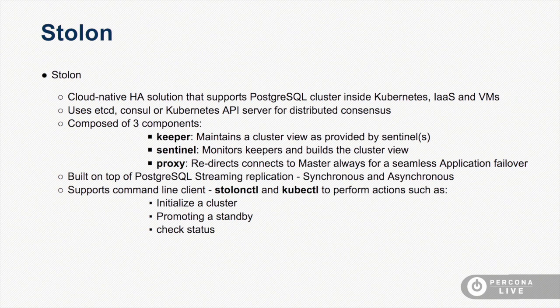And there is a proxy that can decide what's a master, that can redirect the connections automatically to a master. So Stolon is also another open source solution that's developed and maintained well. However, still Percona has got its predominance to it.